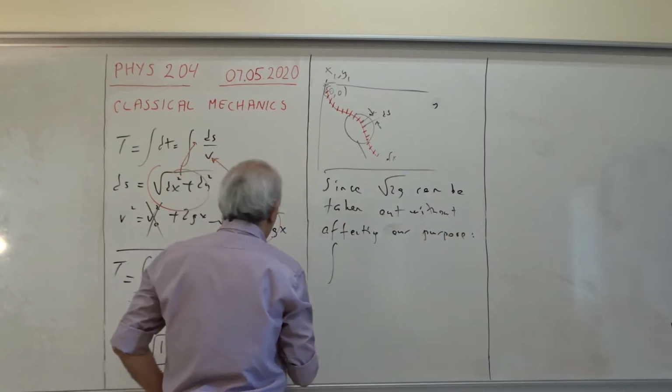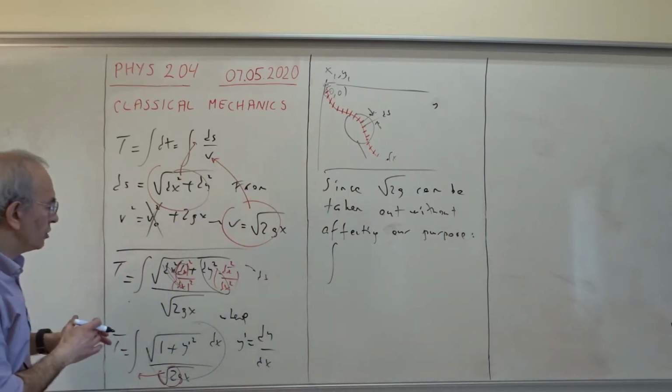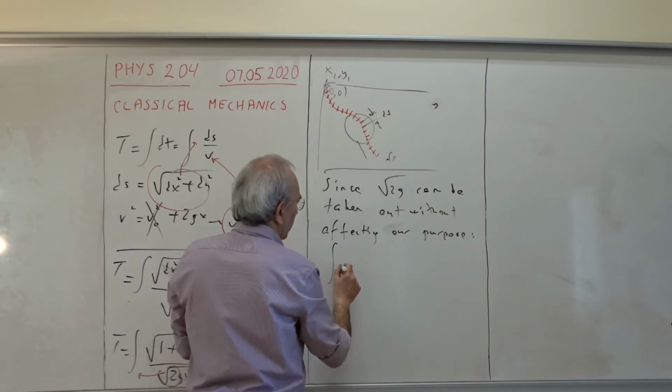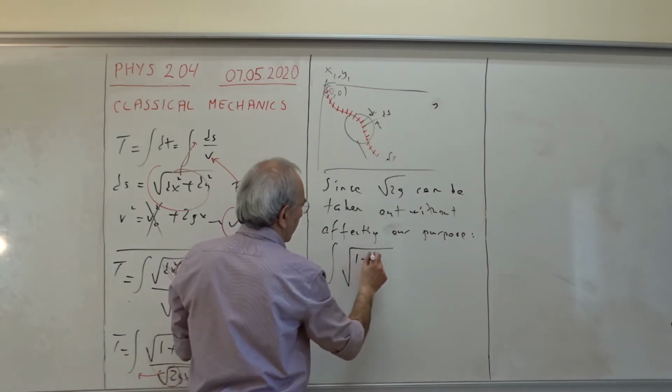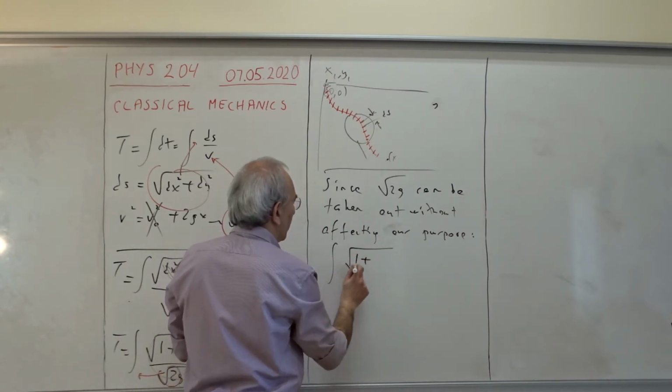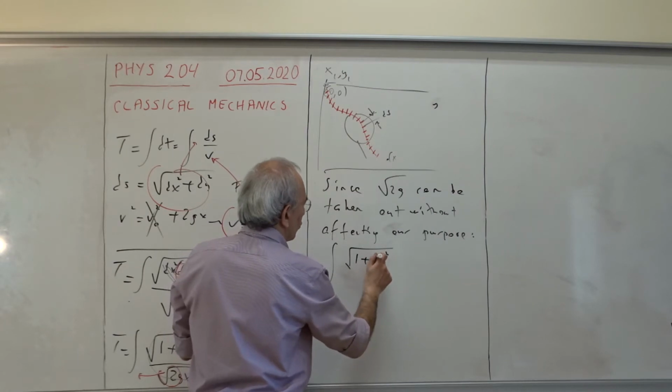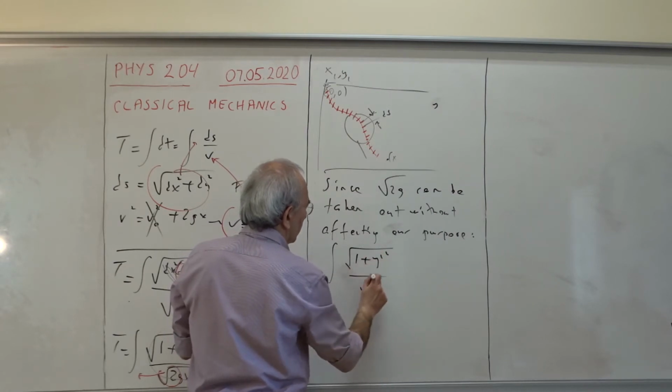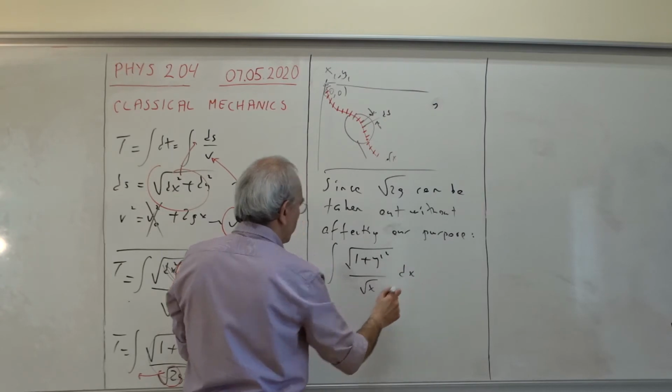So we have the integral, forgetting about root 2g. What do we have next? Root of 1 plus y prime squared, divided by root x, dx.